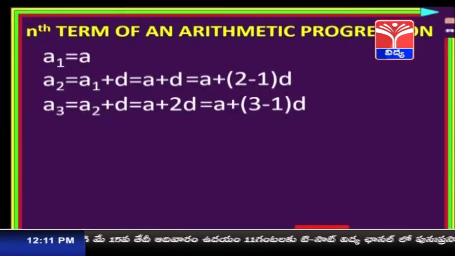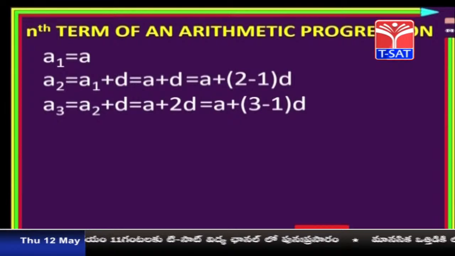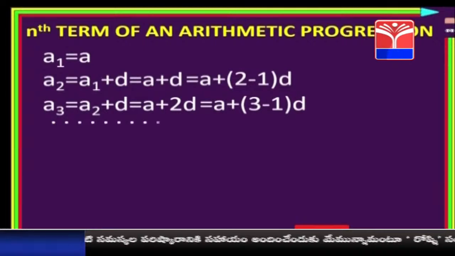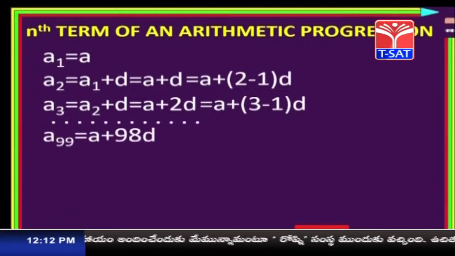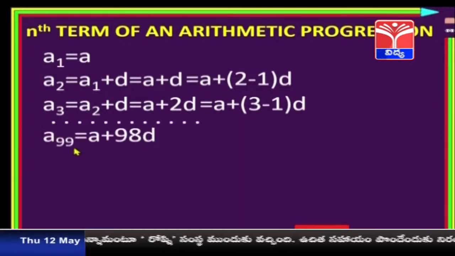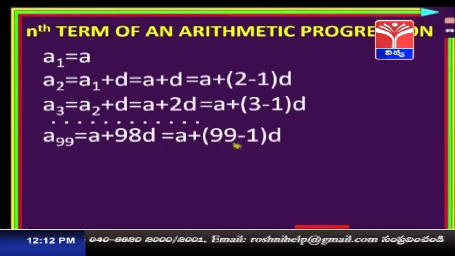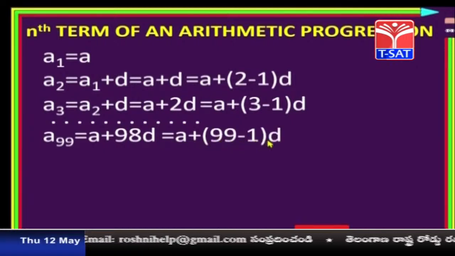Next, what is A4? Yes, A4 is A plus 3D. What is A5? A plus 4D. What is A6? A plus 5D. Like that, what is A99? A99 is A plus 98D. Just simple logic, we have to reduce one number. So, A plus 98D can be written as A plus (99 minus 1) into D.